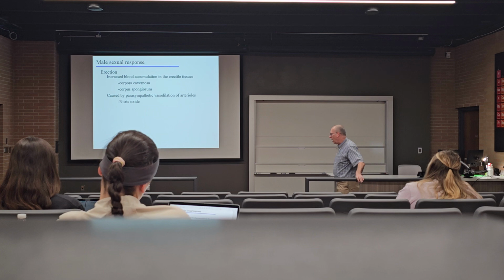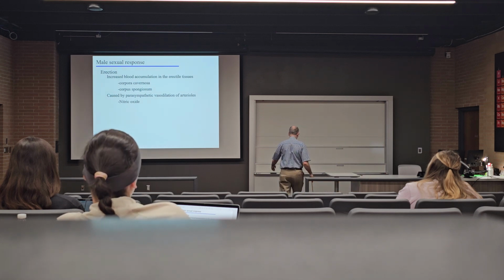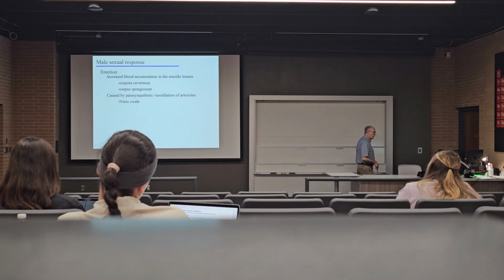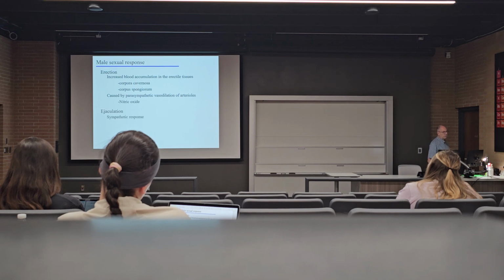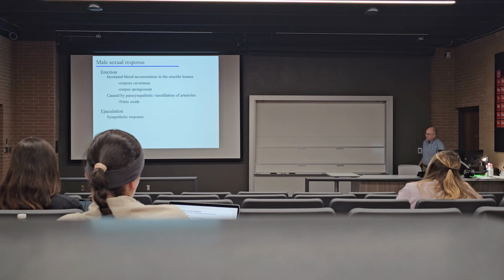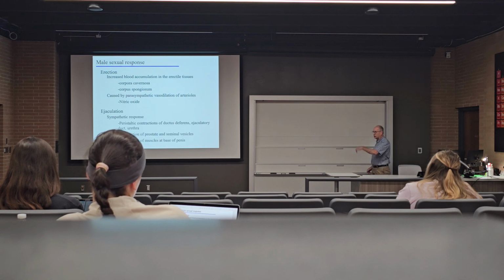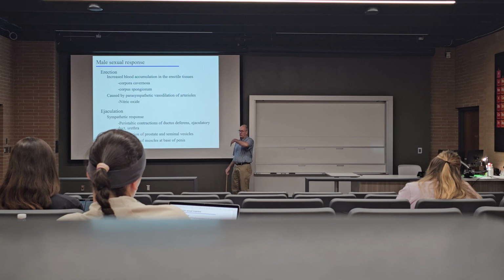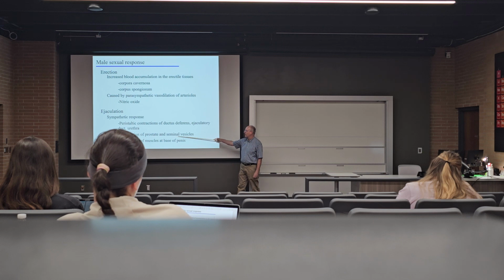Erection is then followed by ejaculation. Ejaculation is now a sympathetic response. This is a sympathetic response. And this involves peristaltic contractions of the tubes, the ductus deferens and ejaculatory urethra, to shoot the sperm out, as well as contraction of the prostate and seminal vesicles to put the semen in there.